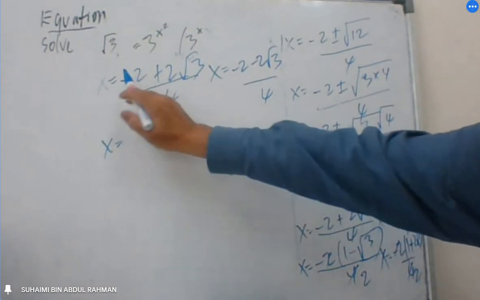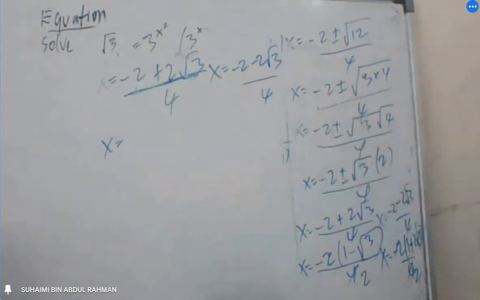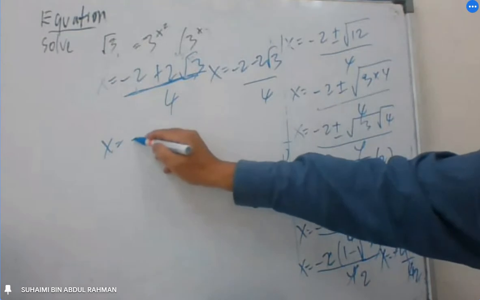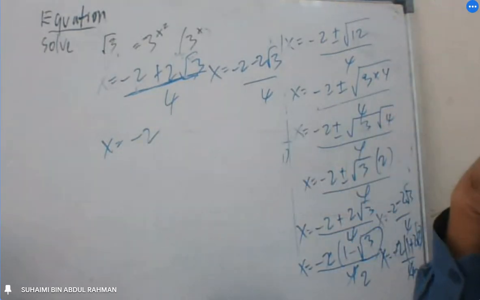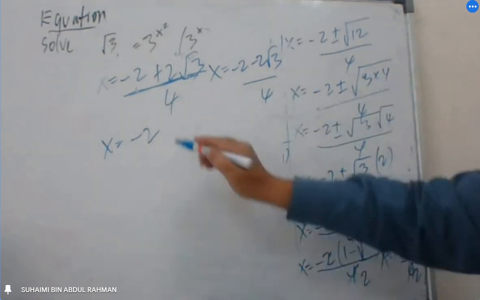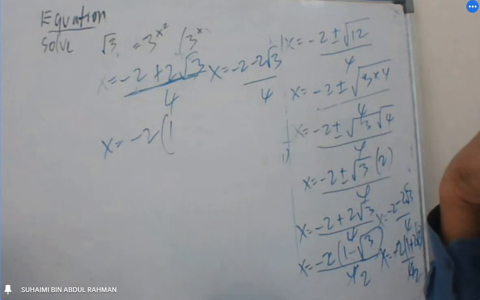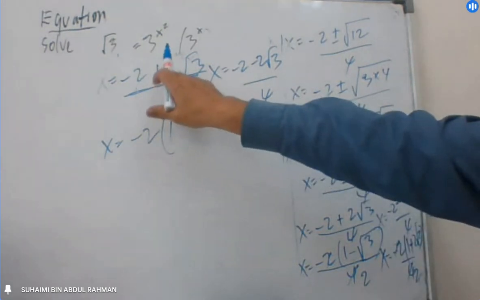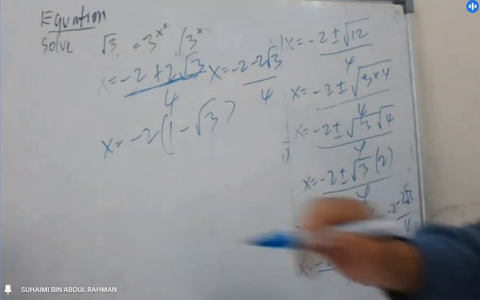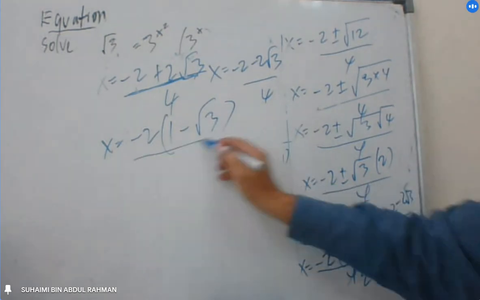Now, in our numerator, they share one number, minus 2, as a common factor. To produce minus 2, it must be multiplied by 1. To produce plus 2 square root of 3, it must be multiplied by minus square root of 3. Then you divide by 4.